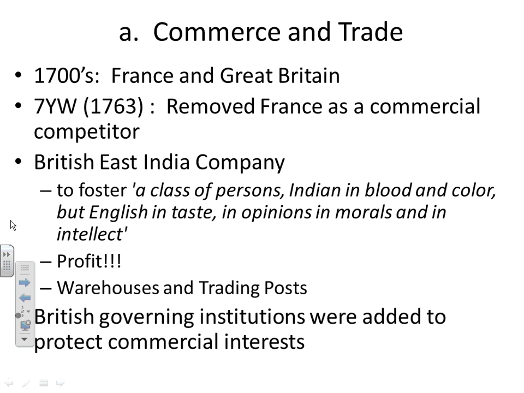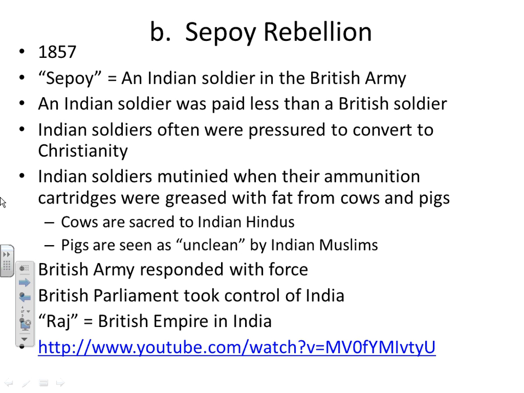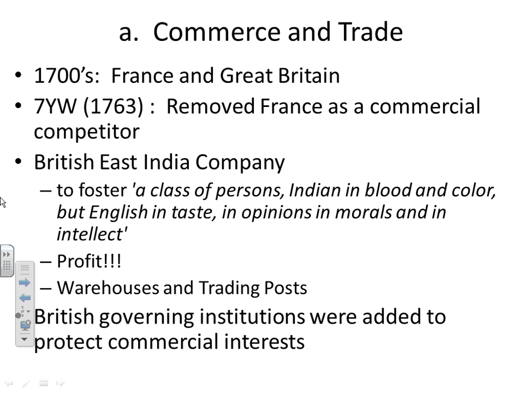And as they showed a weakness to keep a control over the people and the place of India, more and more British governing institutions were created to begin to protect commercial interests.